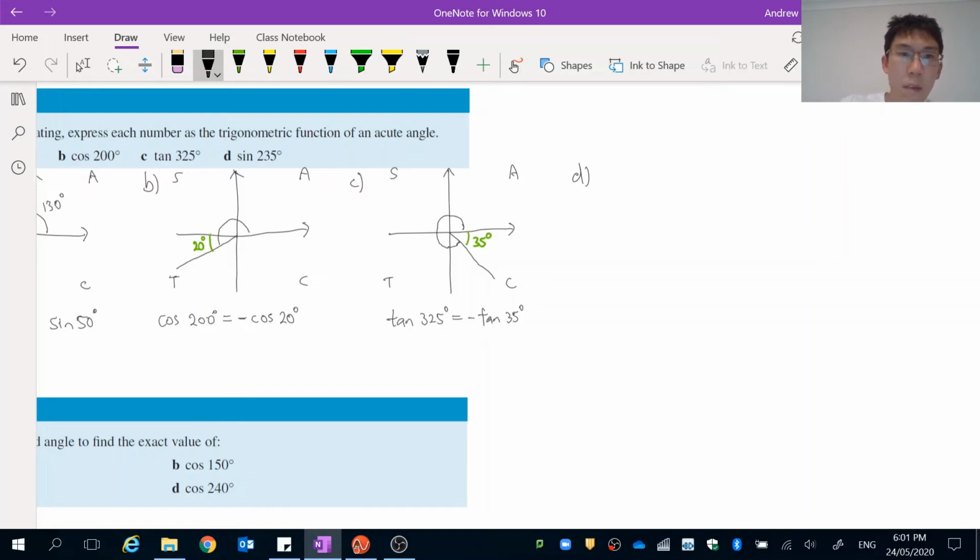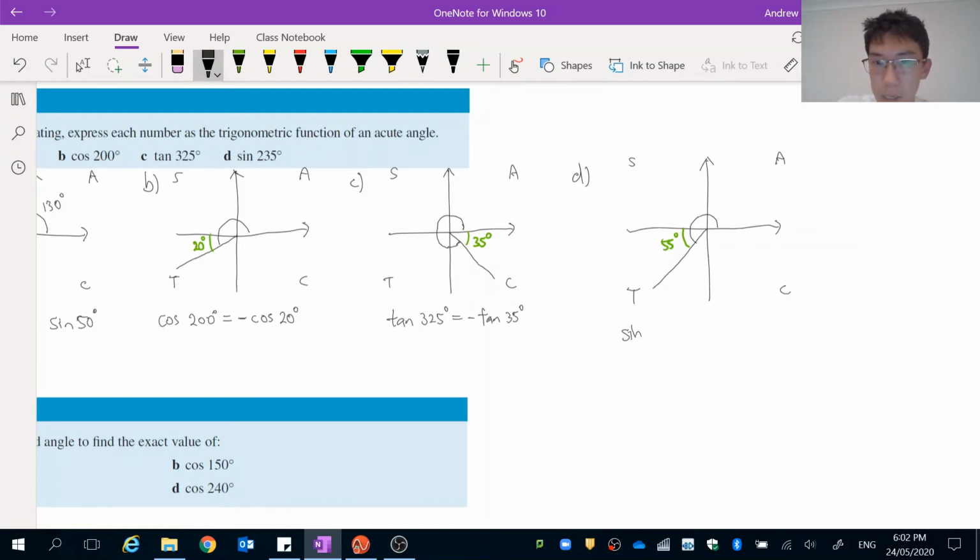Okay, and lastly, sine 235. So let's locate that. ASTC. 235, that's not quite to 270, but it's bigger than 180, so it has to be here. So we're in this quadrant, and the angle it makes with the x-axis is 55 degrees, because 180 plus 55 is 235.